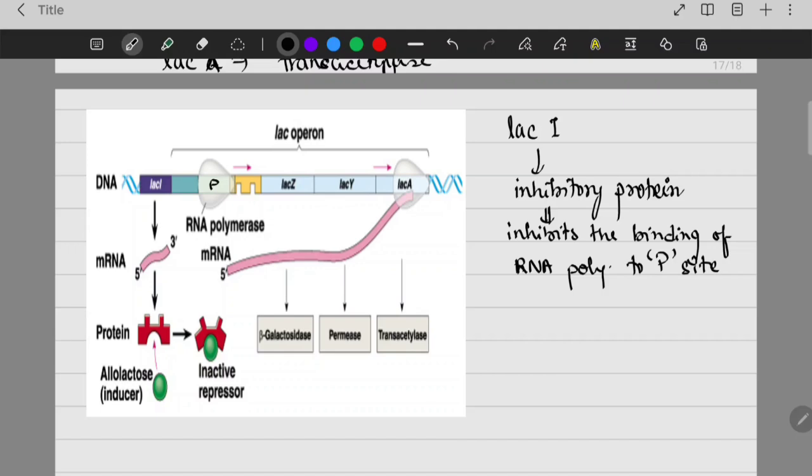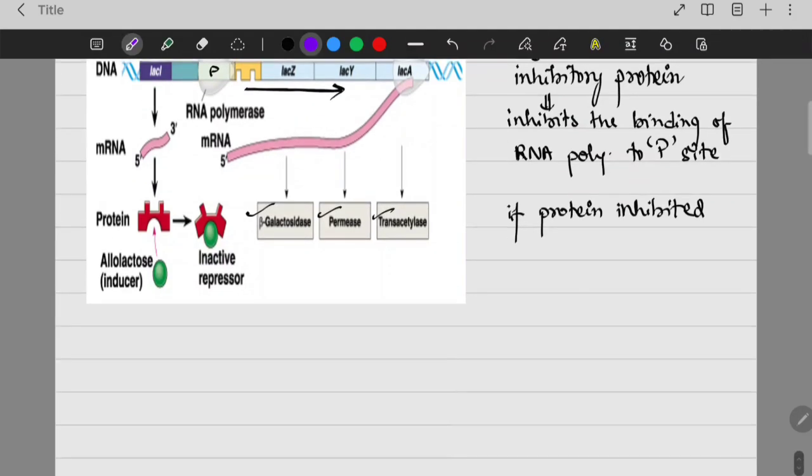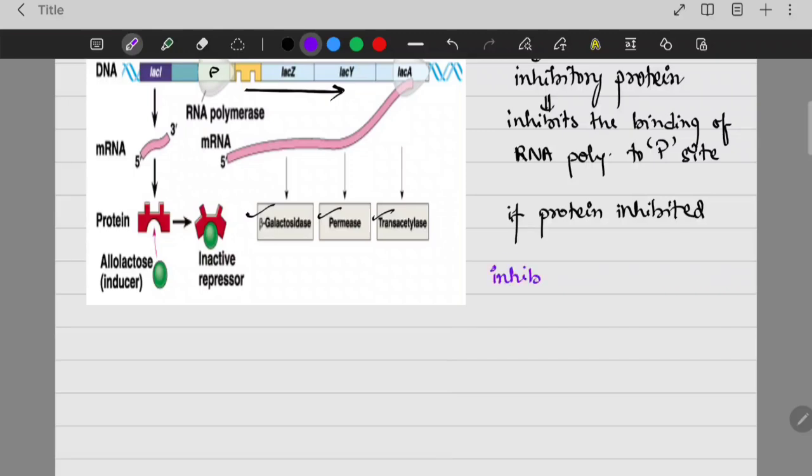So if the protein is bound to the P site, then the whole transcription will not take place, and these enzymes will not form. But if the protein is inhibited, then the whole process will take place and the proteins, or I would say the enzymes, will be formed. So the inhibitors of this inhibitory protein are lactose itself and allolactose.